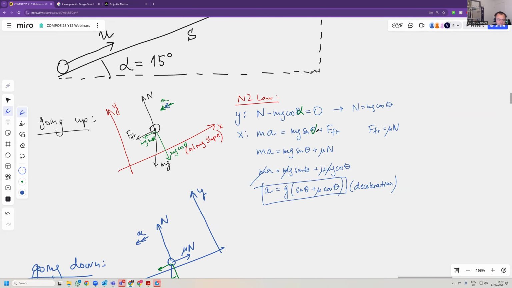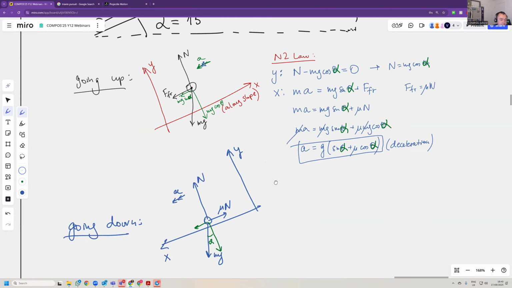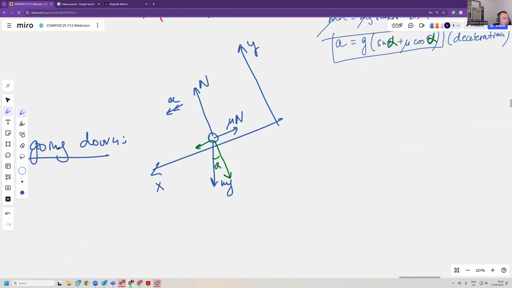So here you have acceleration is downwards. So that's mg cos alpha, and this is mg sine alpha. So who's accelerating the body? Well, it's mg sine alpha minus mu n.